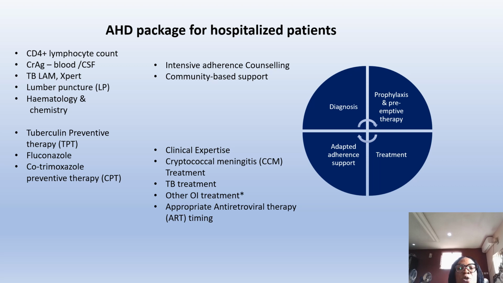For TB, we use a range of 2 to 8 weeks: 2 weeks when the CD4 T cells at presentation or at diagnosis are very low. The earlier we start HIV treatment after we have commenced anti-TB drugs, the better. For cryptococcal meningitis, we wait as long as 4 to 6 weeks after we have started treatment for cryptococcal meningitis before we introduce antiretroviral therapy.